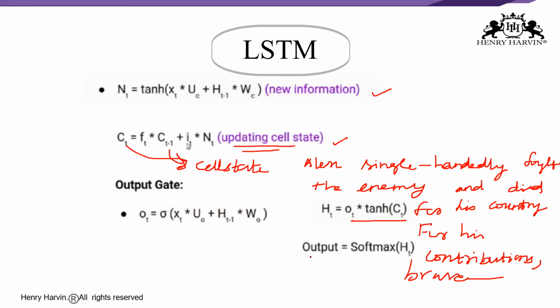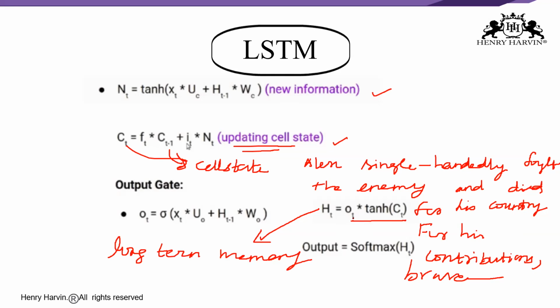So the hidden state is a function of long-term memory and the current output. If you need the output of the current timestamp, just apply the softmax activation function on it. The token with the maximum score in the output is the prediction.